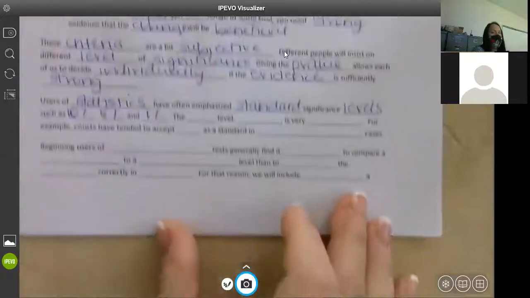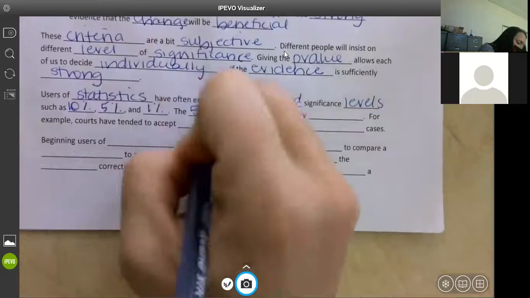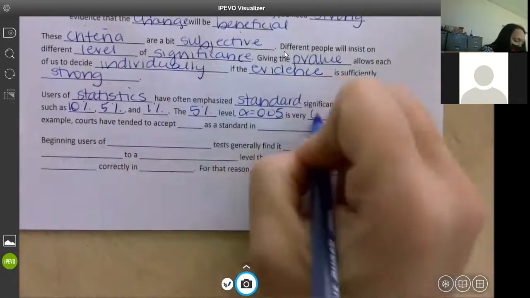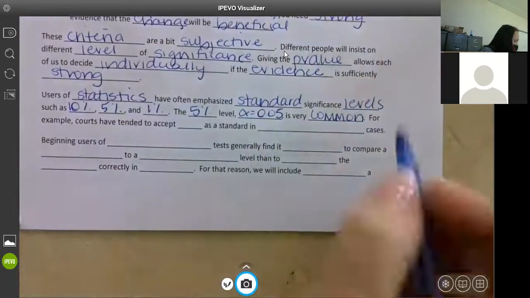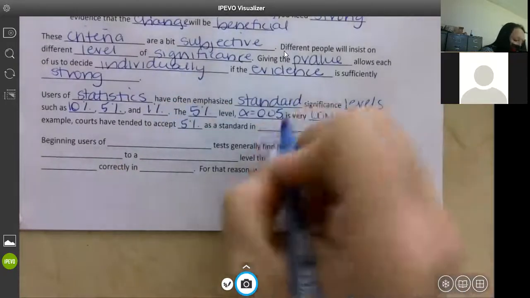Those are the only three that we pretty much use in here. Will there be other ones? Possibly, but that's the main one. The 5% level, where alpha is equal to 0.05, is very common. For example, courts have tended to accept 5% as a standard in discrimination cases.